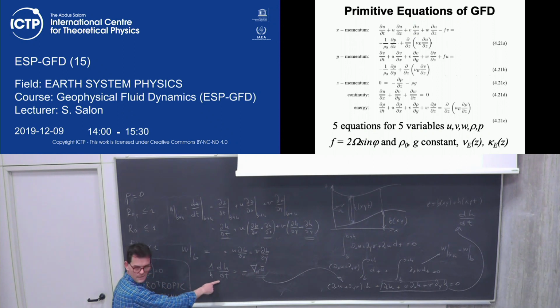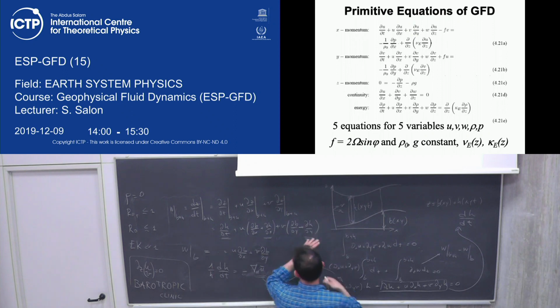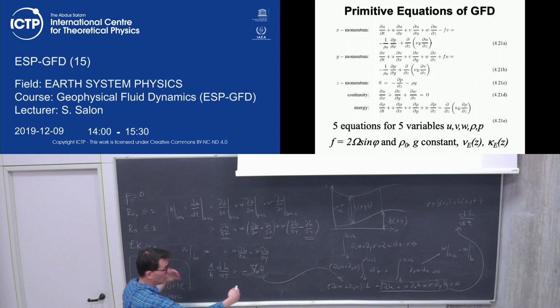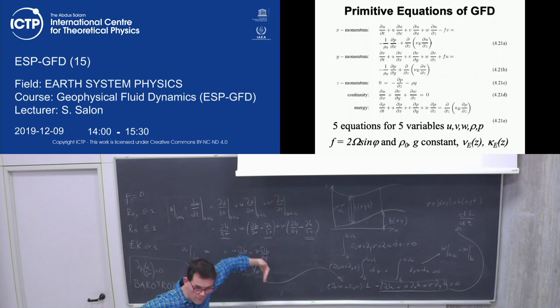So divergence means that this is going to decrease. If I have convergence, this is negative, and then this is positive. So with convergence, the column increases. So this is another way to see the mass conservation.